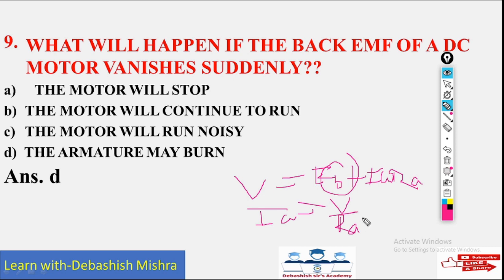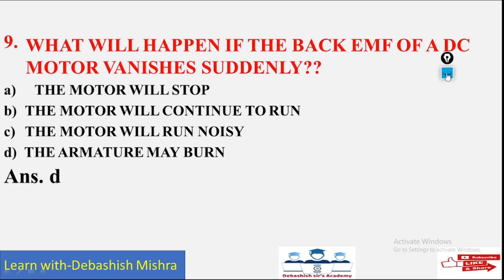We know armature resistance is very less, so there will be higher current, maximum armature current. So the armature may burn. So the answer is armature may burn. Clear, students? Going to the next question.